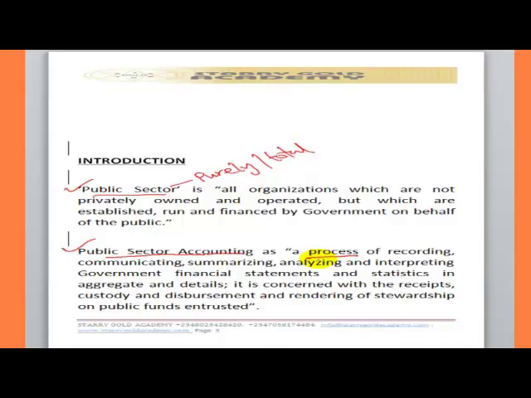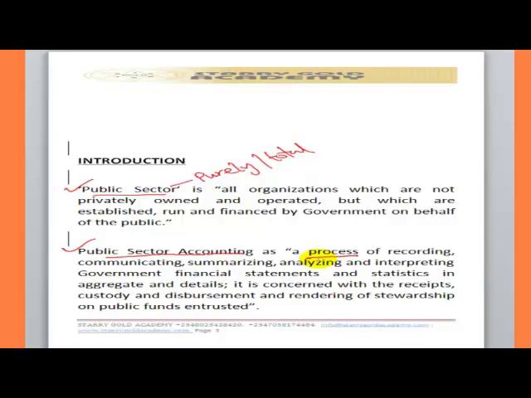So it is important for us to note this: public sector accounting is a science, a process of recording, communicating, summarizing, analyzing, interpreting and collecting government financial statements and statistics in aggregate and detail.